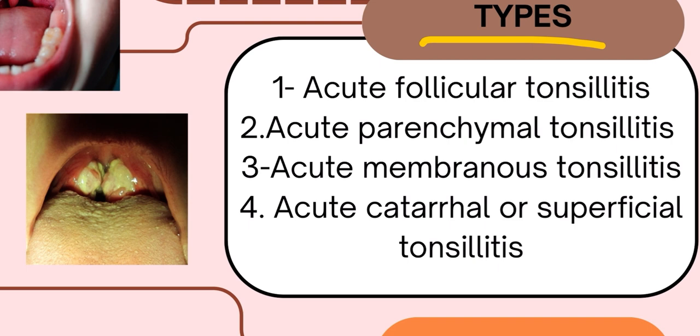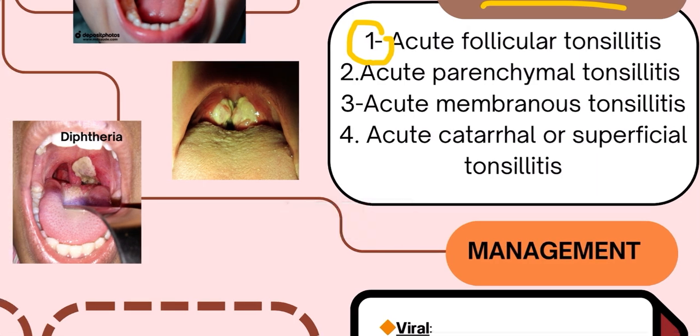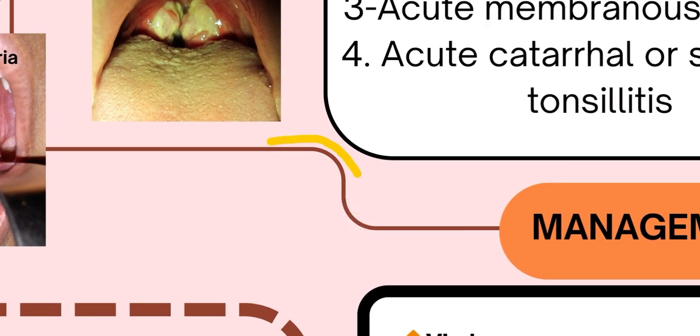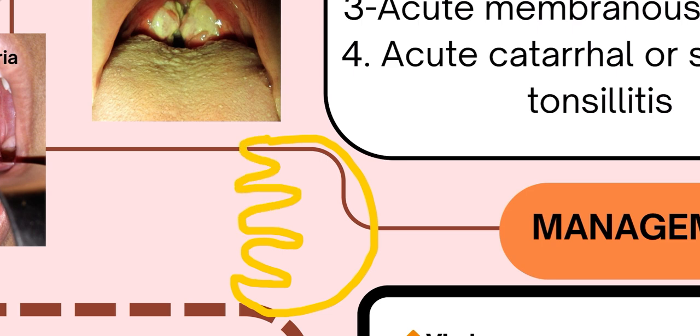So, what is acute follicular tonsillitis? As we discussed previously in the anatomy of the tonsil, on the medial surface of the tonsil, just let me illustrate this in a diagram. Here the tonsil simply has on its medial surface crypt-like structures, or what we call follicles.